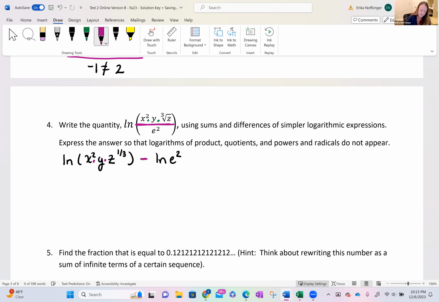Multiplication means addition, so I have the natural log of x squared plus the natural log of y plus the natural log of z to the 1/3 minus the natural log of e squared.